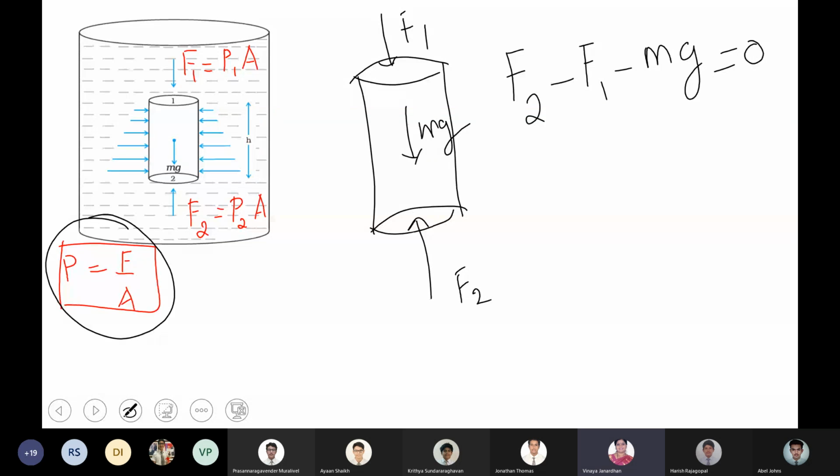Force upon area. You can write: net force acting on the cylindrical liquid. Pressure is equal to force by area. So force is pressure into area.